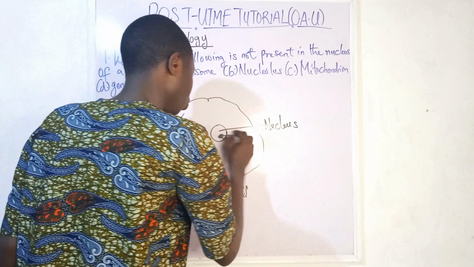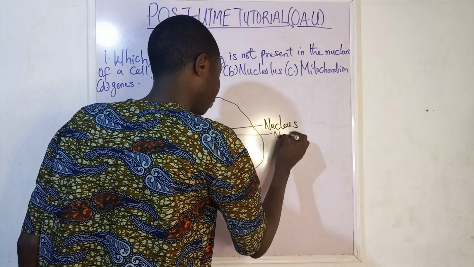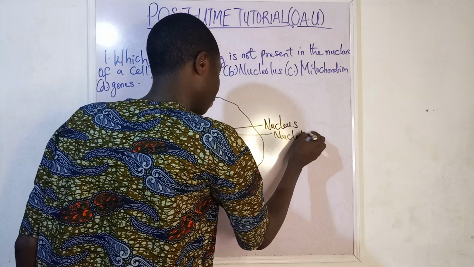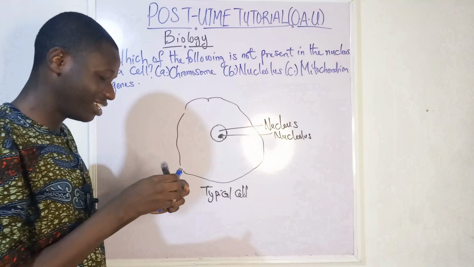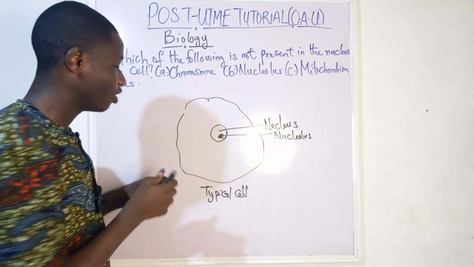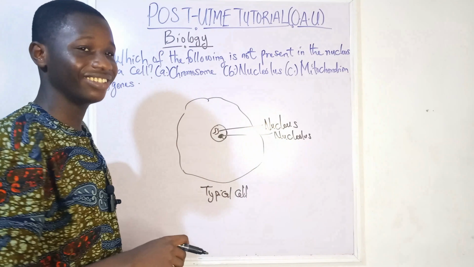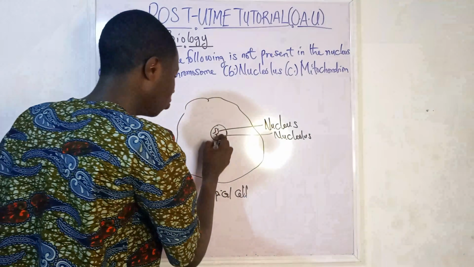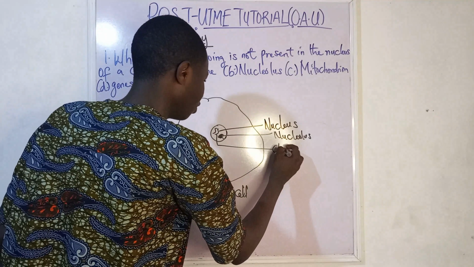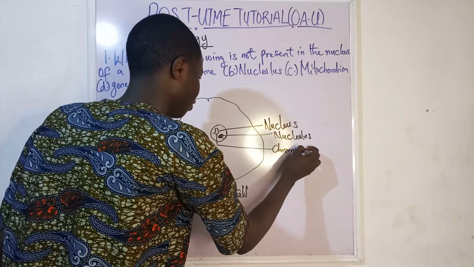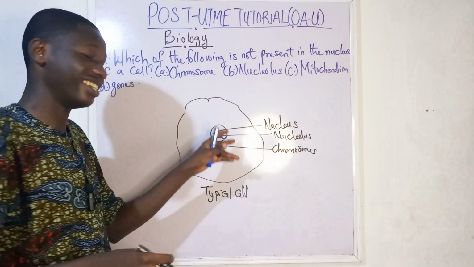What is it? Nucleolus. Do you understand? Now, in that same nucleus again, you have the chromosomes, where you have your DNA, right? So you have your chromosomes too in your nucleus. Now, these are things that we have inside the nucleus.